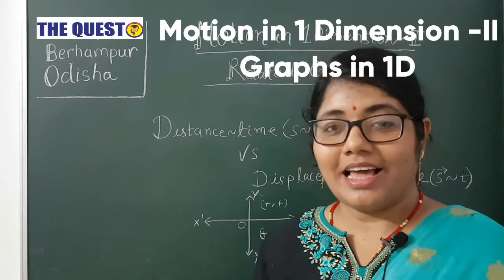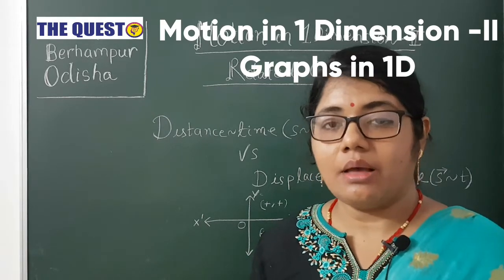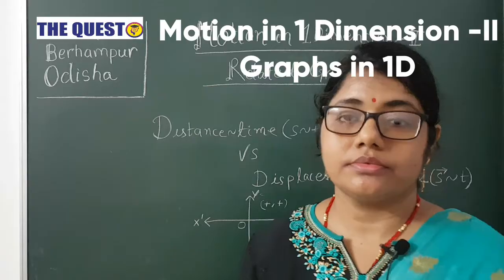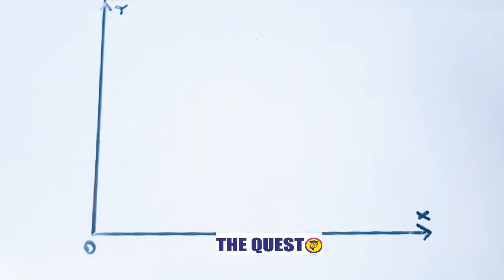Now let us analyze some of the straight line graphs under one-dimensional motion. Let us take a two-dimensional coordinate system with two mutually perpendicular axes meeting at a common point O called the origin.